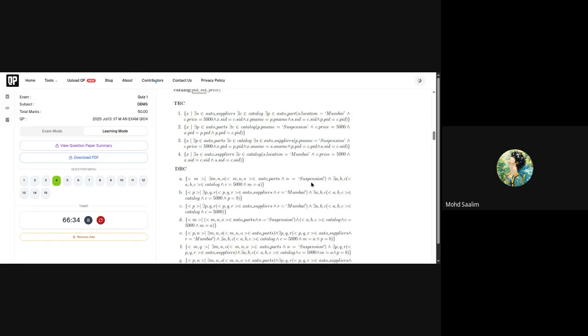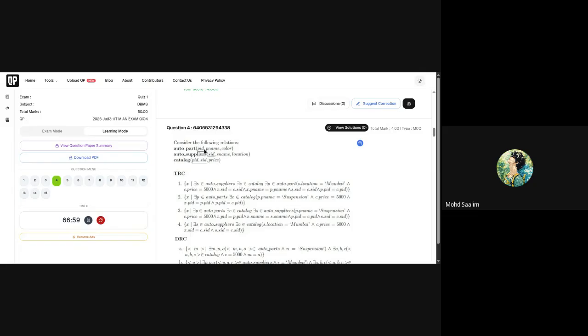The condition for suspension is correct, and 5,000 condition is also correct, is from catalog, right? And M is equal to A is the condition for inner join. So I think this one is correct, but to be sure, let's also check the D.